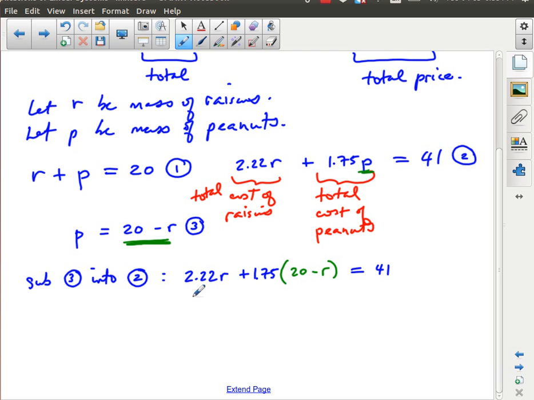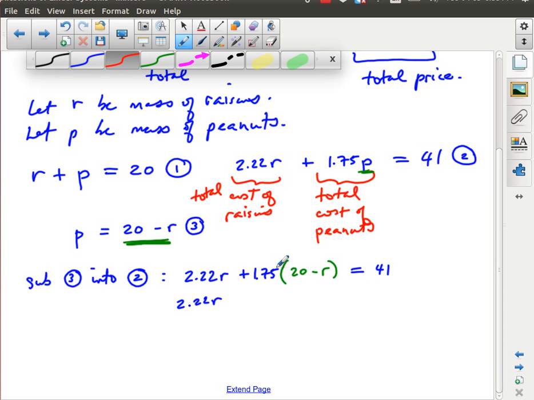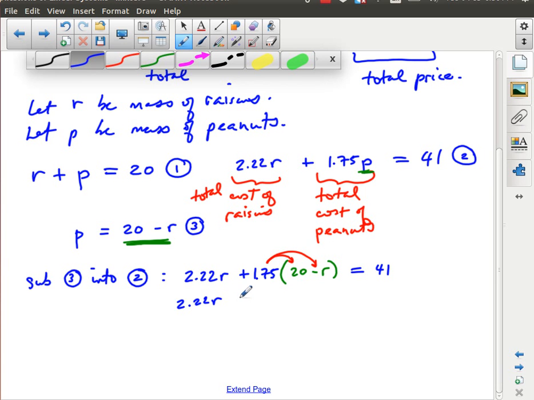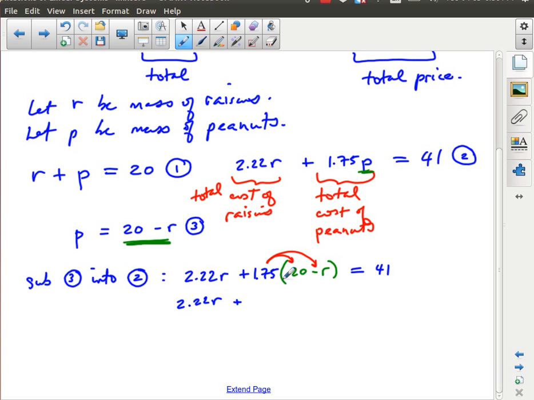Okay, so now 2.22 R, I have to expand out this bracket, 1.75 times 20, 1.75 times negative R. The first one of those, just a little bit of mental arithmetic, 1.75 times 2 is 3.5, so times 20 would be equal to 35.